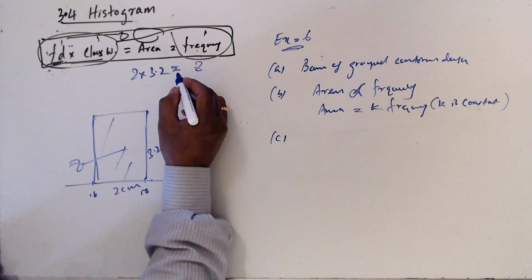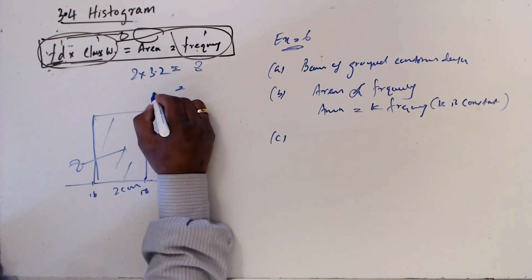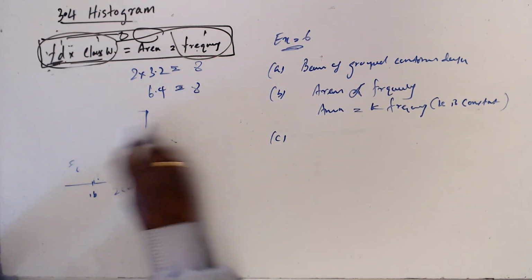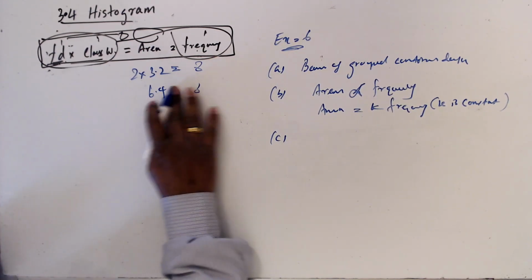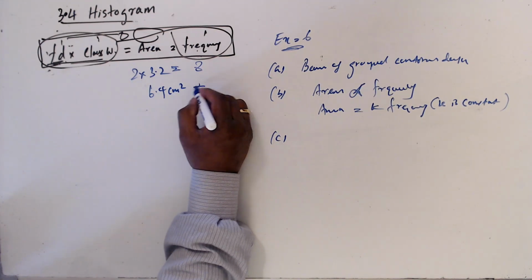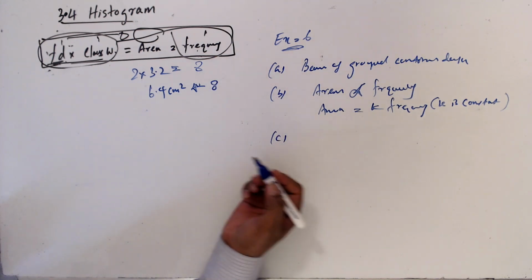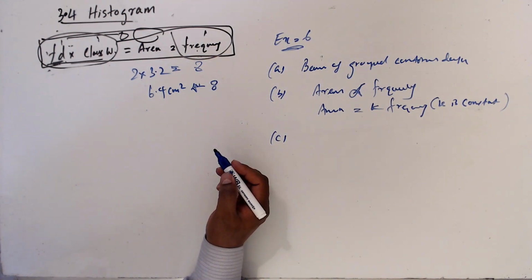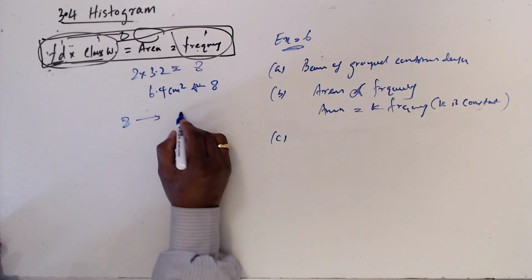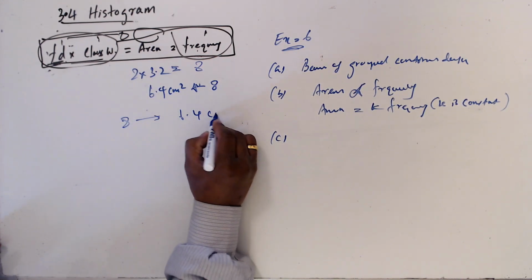This is going to be 6.4 cm squared, which represents 8 frequencies. So 8 days are represented by 6.4 cm squared.